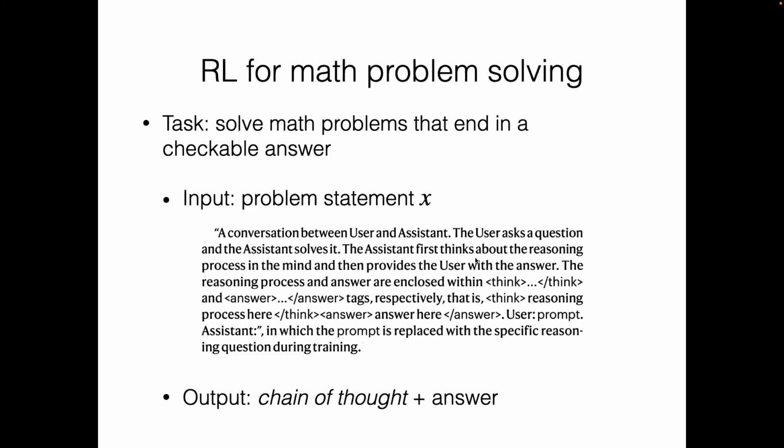It first thinks about the reasoning process in the mind and then provides the user with the answer. You put the reasoning process and the answer in think tags and answer tags. Then you substitute the question into this prompt, and the assistant outputs the thinking tags and the answering tags.